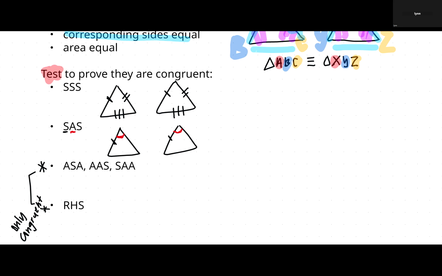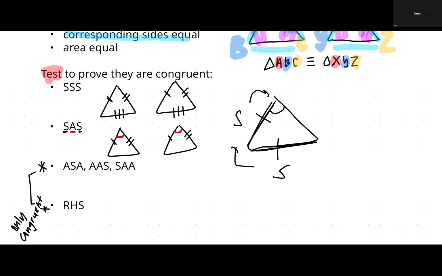So if I have one side here, and one angle here, can I use this as SAS? Yes or no? No, because if you look at it carefully, this is a side, followed by a side, followed by an angle. This is an SSA. We don't have such a thing. SAS means the angle must be in between the two sides.